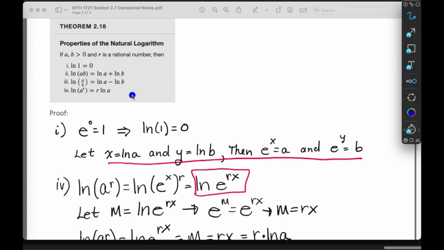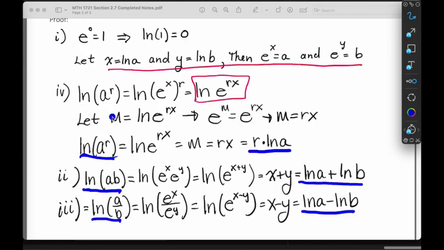Now, I'm going to go a little bit out of order. I'm going to prove number 4 first because I want to be able to use this property to prove these 2 here on number 2 and number 3. So I'm going to prove that the natural log of a to the r is equal to r times the natural log of a, that I can bring this r down in front.